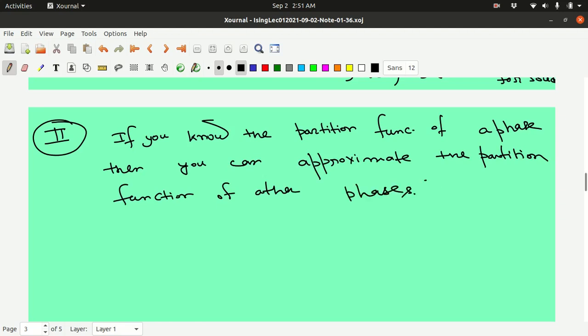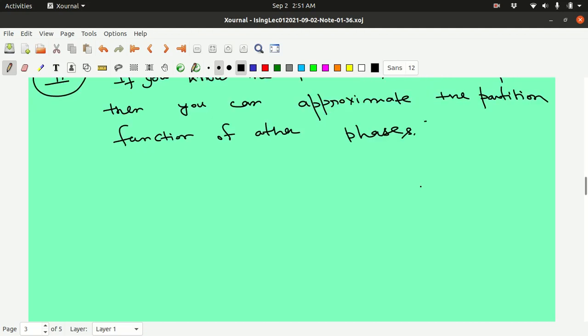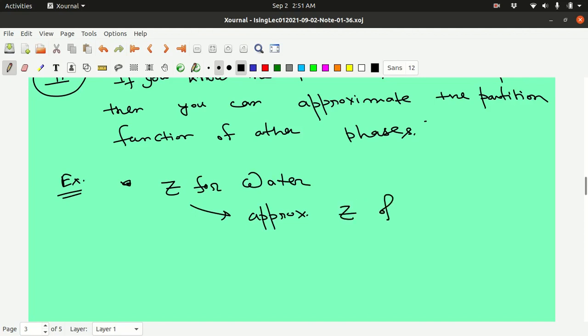For example, let's say you know the partition function Z for water. From here you can approximate the Z of ice, also the Z of liquid, and so on.